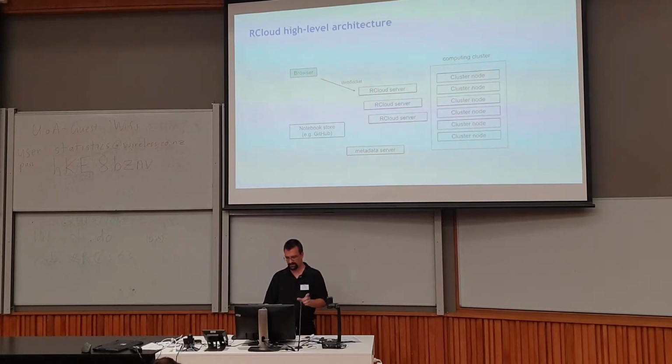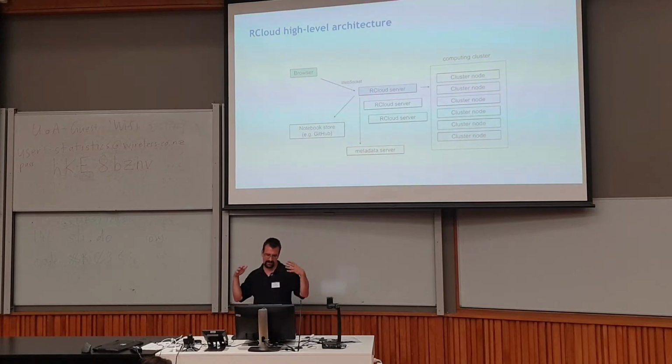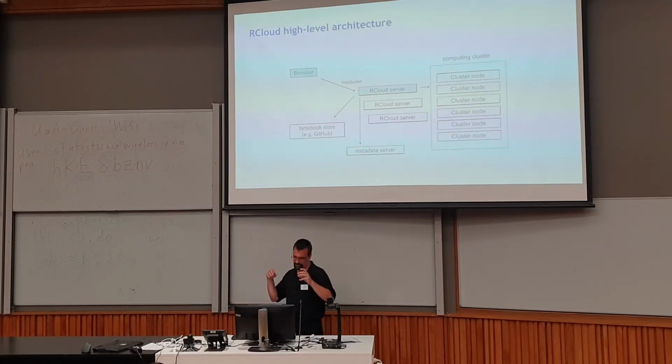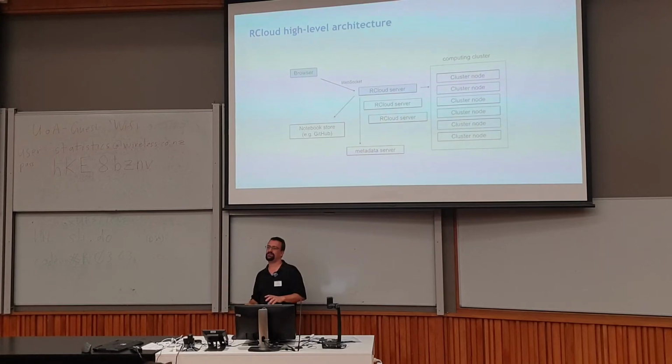We actually use a WebSocket connection to keep an active session alive, and then that server can do a bunch of things. It can talk to big clusters. I won't go into that. There's a separate bunch of packages that allow you to do really high performance things on terabyte scale data sets, but that's how you talk to computing clusters.